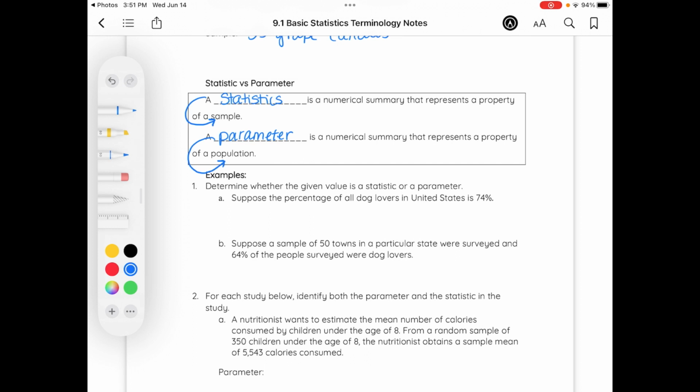Determine whether the given value is a statistic or a parameter. Suppose the percentage of all dog lovers in the United States is 74%. So we're talking about all dog lovers. This is a population, and thus 74% represents a parameter.